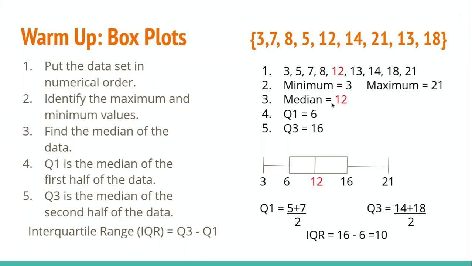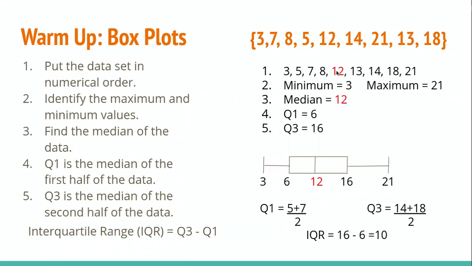So we found the minimum to be 3 and the maximum to be 21. The third step says find the median of the data. Well, we see that we have 9 terms. So we came in 4 on each side and we found the median to be 12.